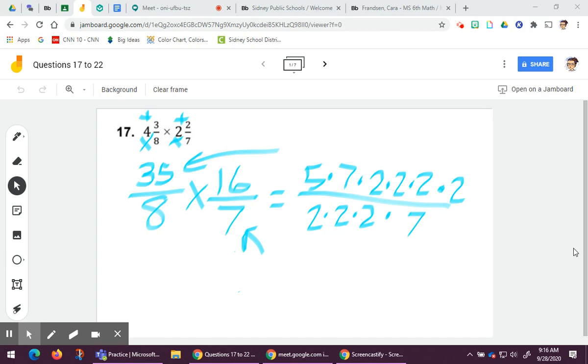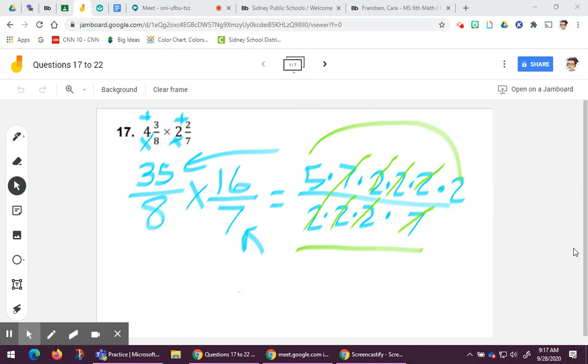Okay? And we also know whatever's on top, we can cancel out on the bottom if there's the same amount of them. So let's look at that. There's at least one 2, there's at least another 2, a third 2, a 7, and then we're done. We have nothing left on the bottom and only a 5 and a 2 on top.